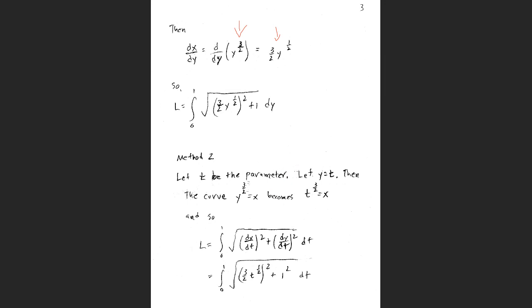And so the arc length is going to be equal to the integral from 0 to 1 of the square root of (3/2 y to the half power) squared plus 1, because this is just dx/dy. Are there any questions on that in general?